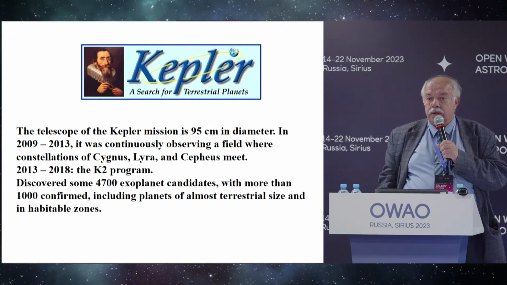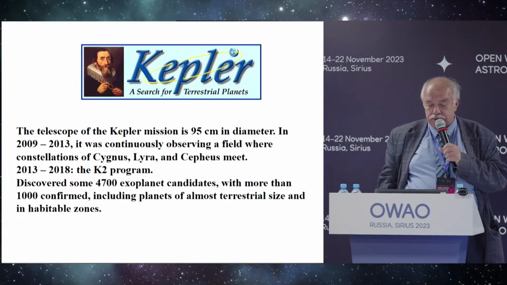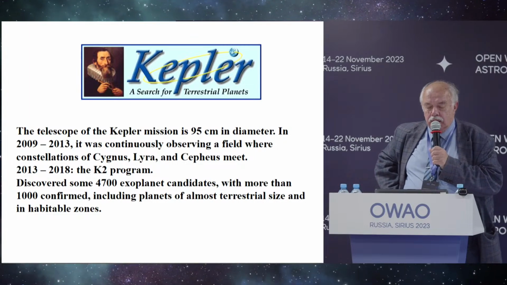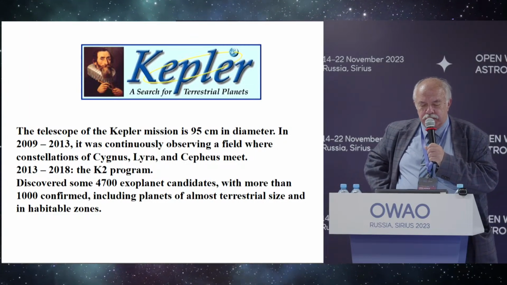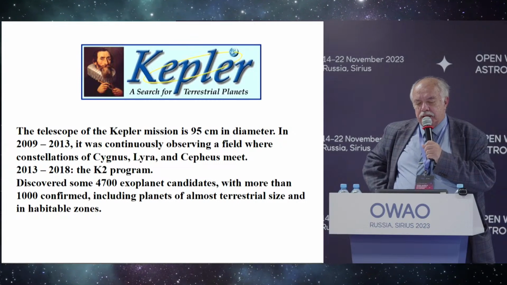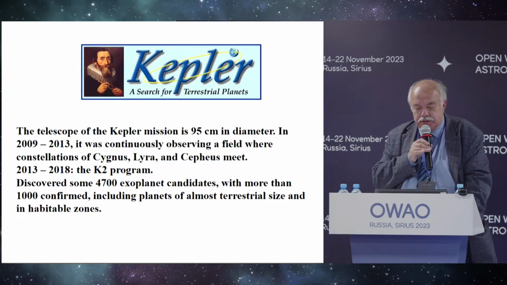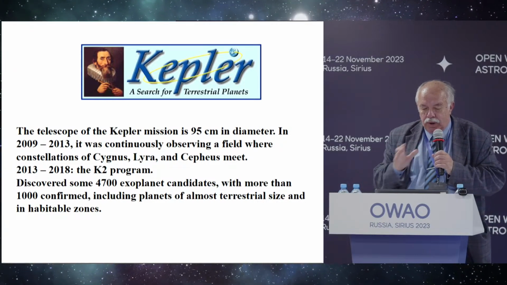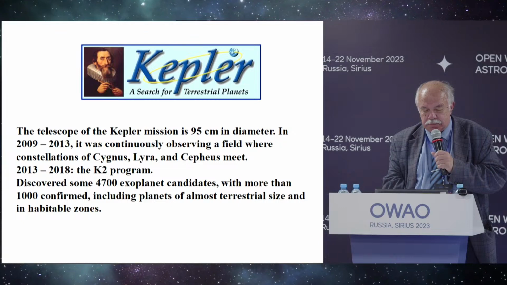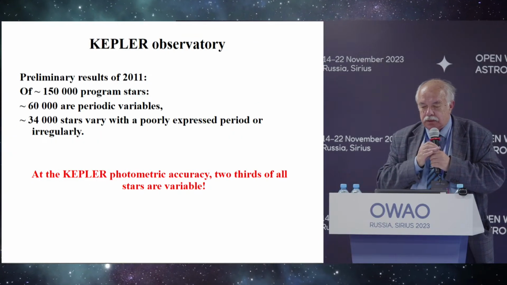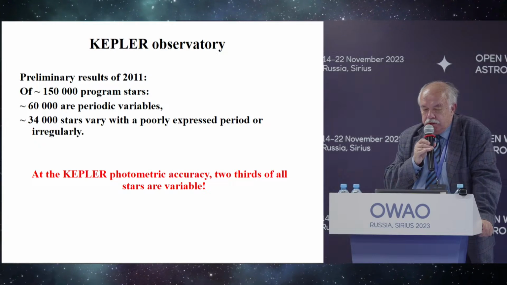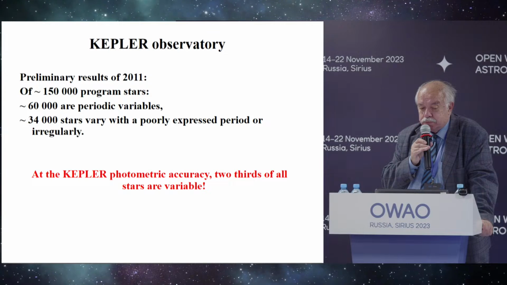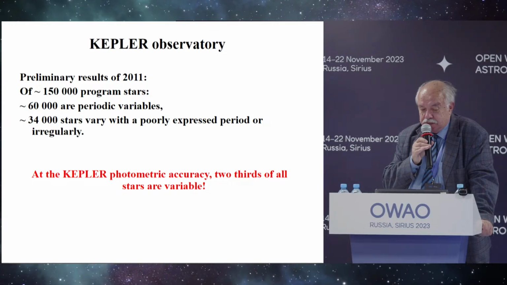There were other space missions with excellent results. For instance, there was a NASA project, Kepler, and they had a telescope 95 centimeters in diameter, and one of the main purposes was to look for exoplanets. And in 2011, they announced preliminary results on variable stars.